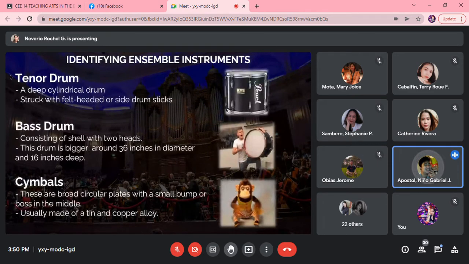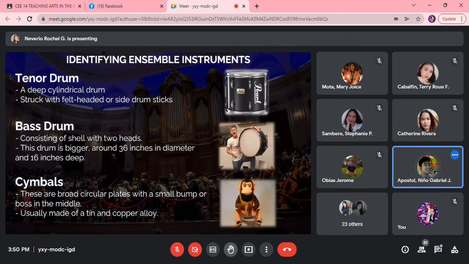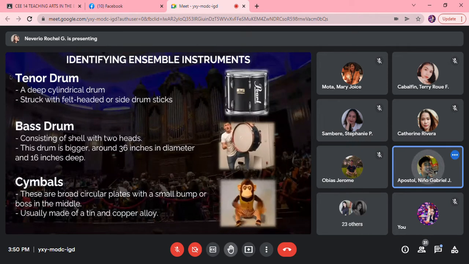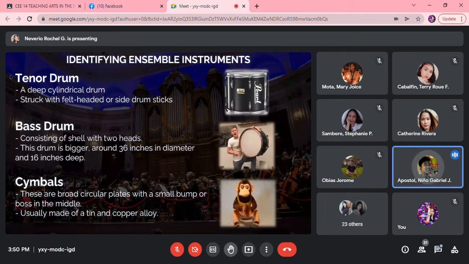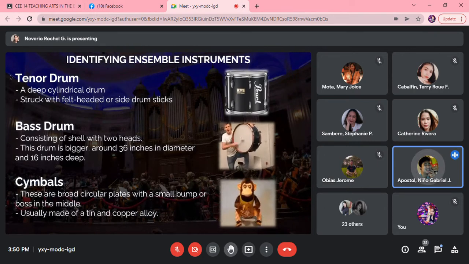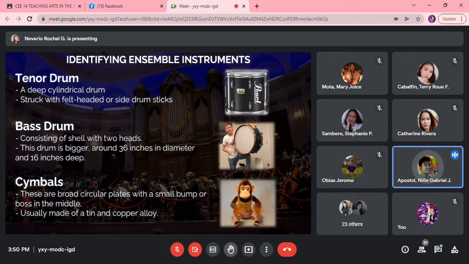And thank you. And next natin is the tenor drum. May similarity sila sa physical na itsura ng snare drum. Ang difference lang, mas deep siya, mas mataas lang siya. A deep cylindrical drum struck with felt-headed or side drumsticks. A tenor drum is usually about 18 inches in diameter and 14 inches in height.